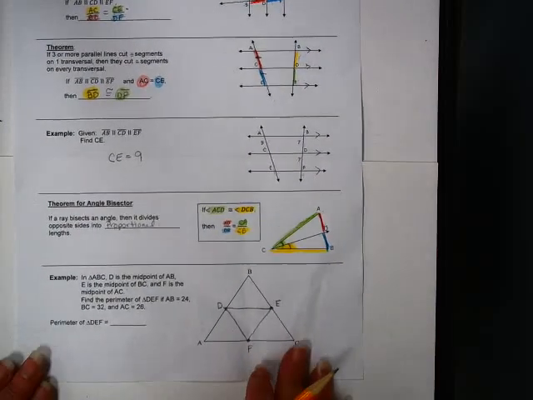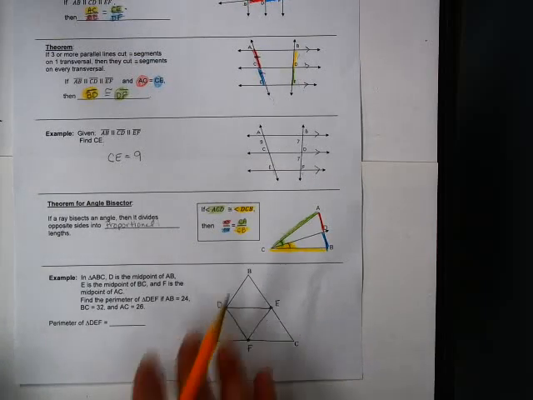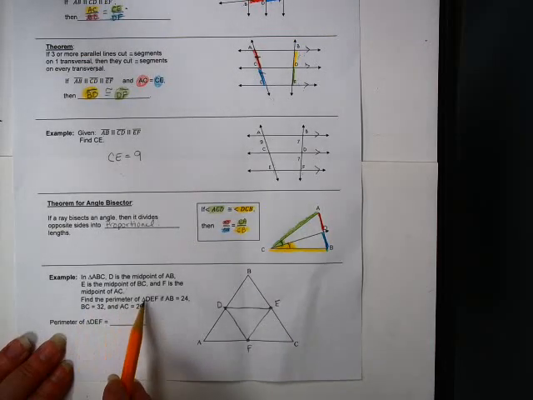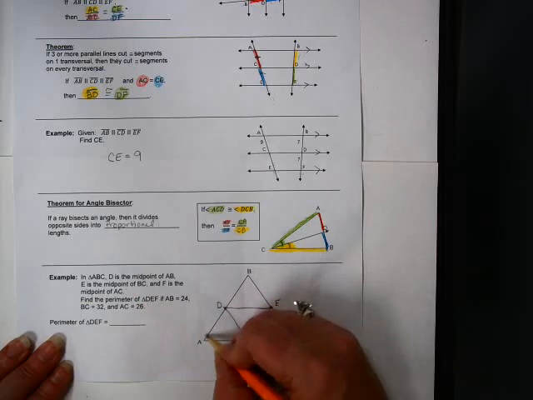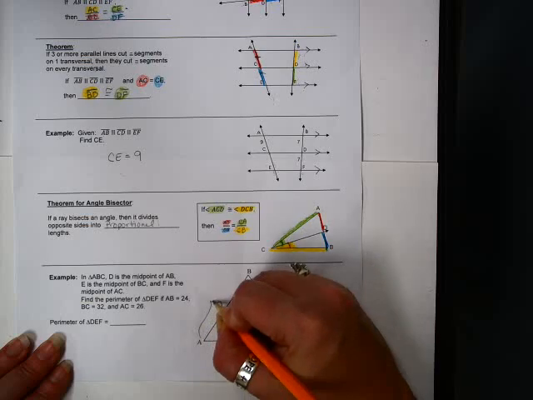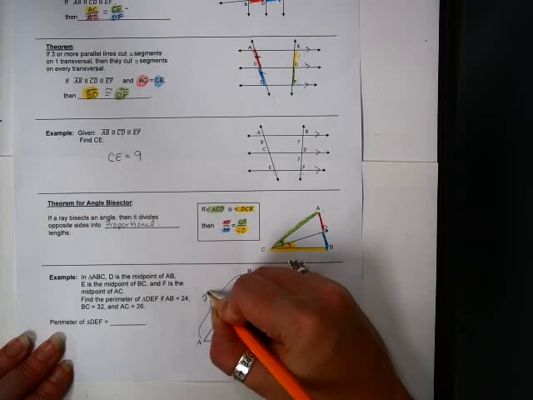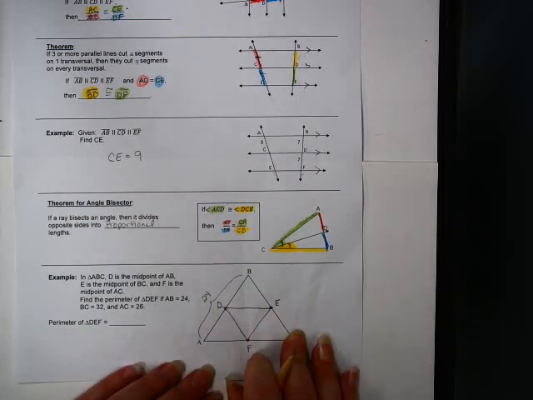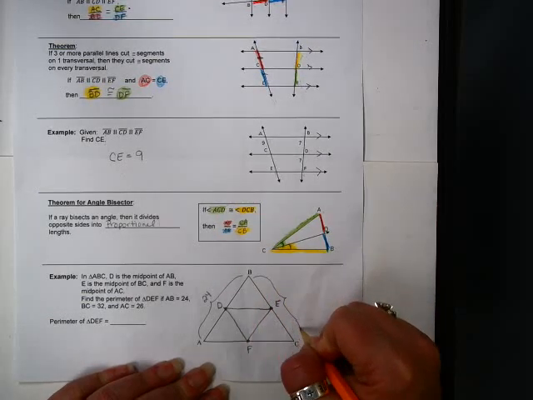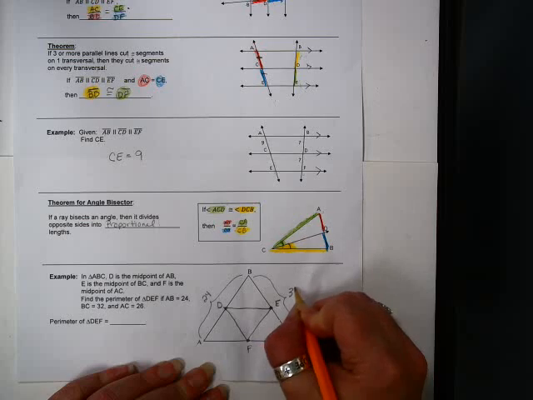So that mid-segment theorem, the proportionality of the midpoint, is what we're going to be using here. So here it says find the perimeter of DEF if AB, this whole side, is going to be 24. This whole side over here is going to be 32.